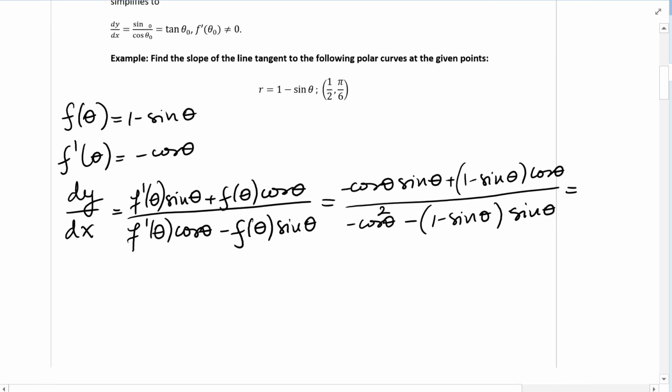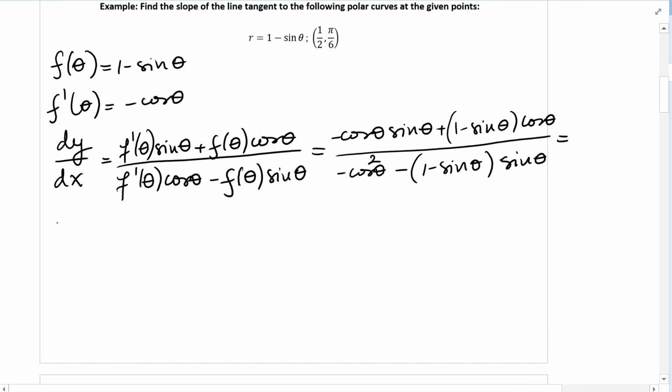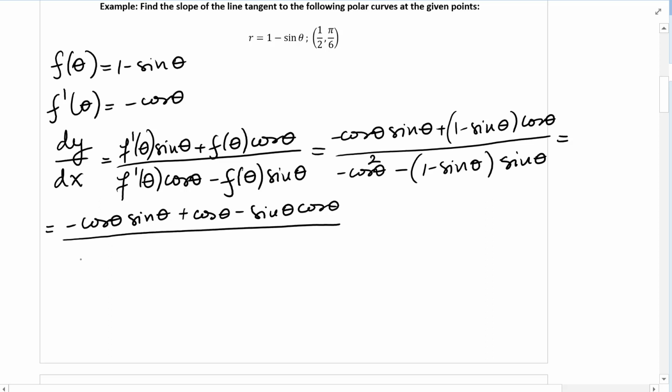So let's simplify it a little bit. So we get negative cosine theta sine theta plus cosine theta minus sine theta cosine theta over negative cosine squared of theta minus sine theta plus sine squared of theta.